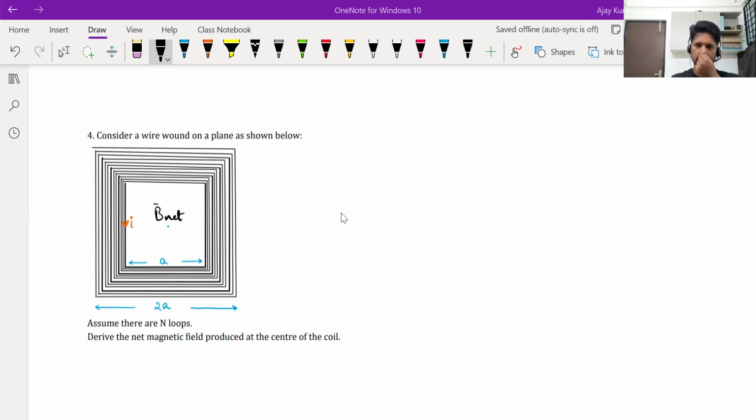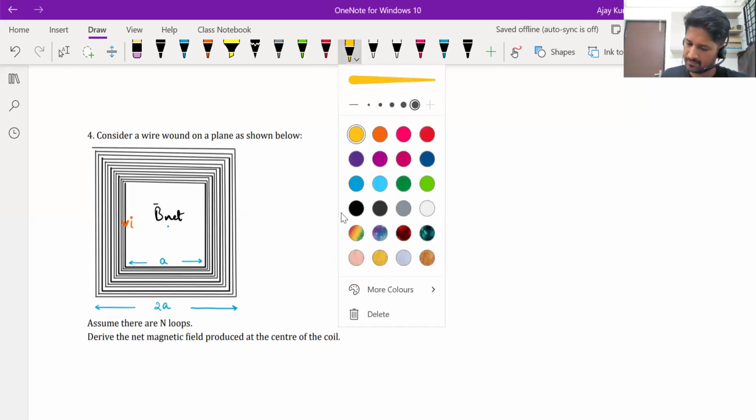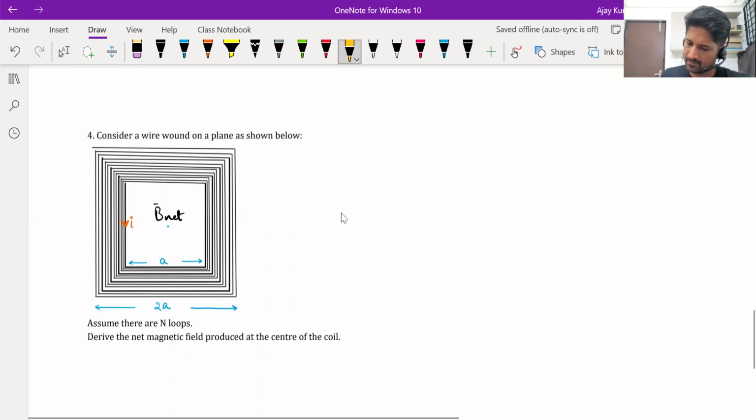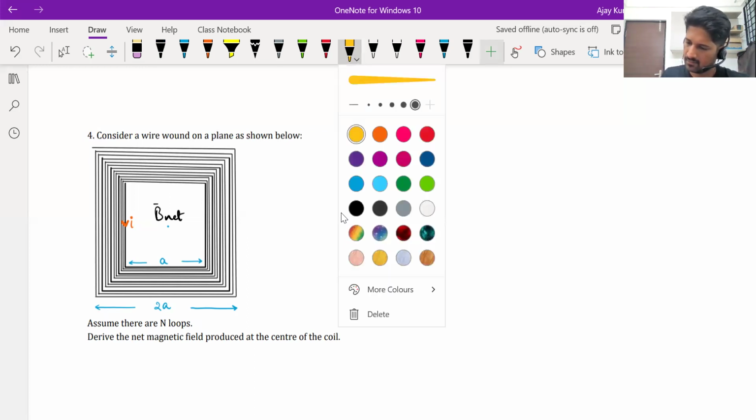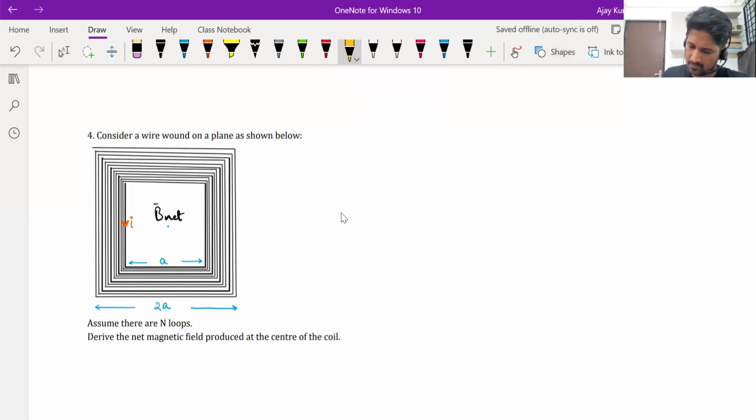So what we will do is take one straight wire somewhere along this. Let me mark it like this. Let's take one straight wire like this, randomly somewhere in between.